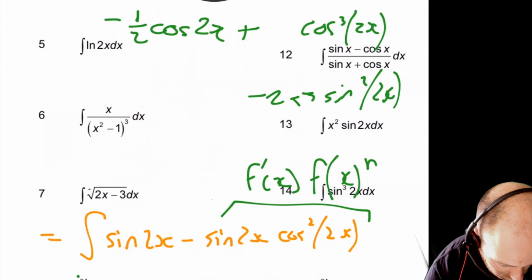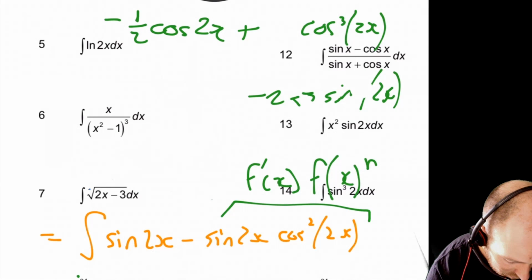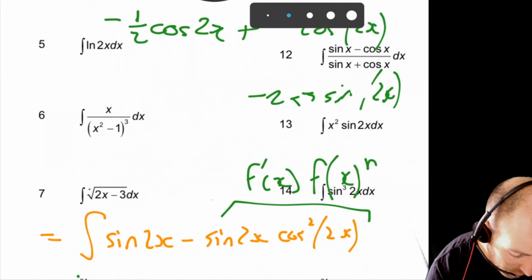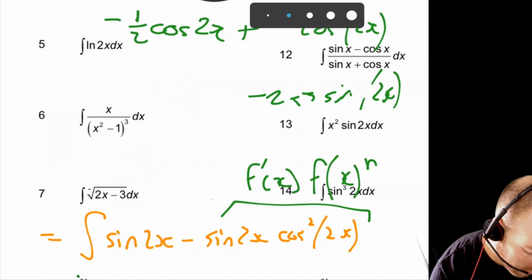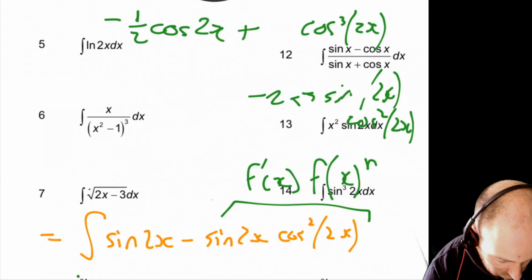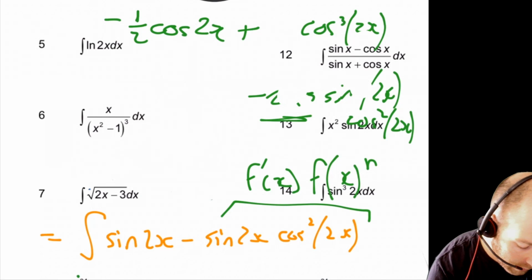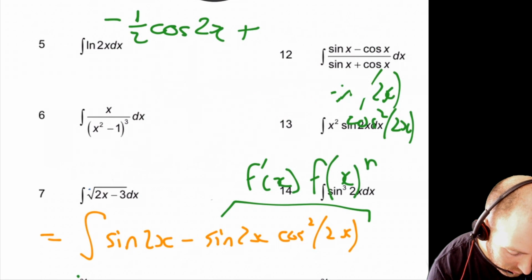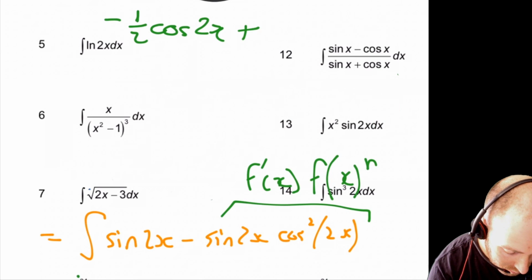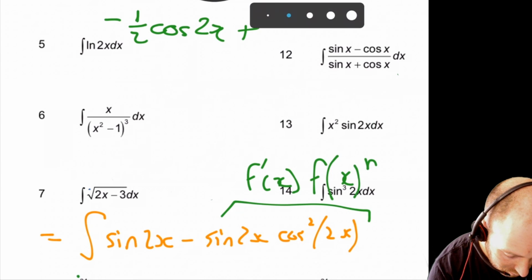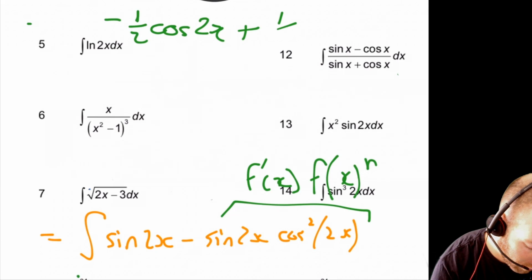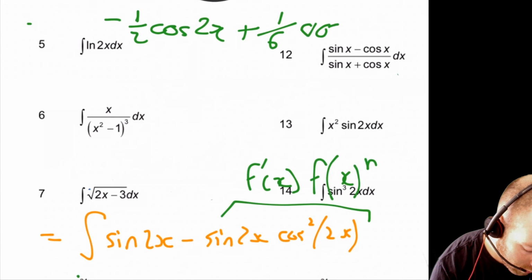So if you look, minus sine 2x cos squared 2x. Look, we've got mostly that. We've just got this extra 6, so we need to divide by 6. So plus 1/6 cos cubed 2x.